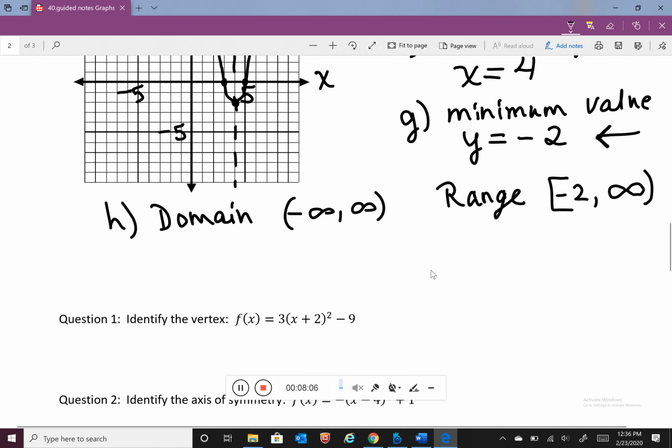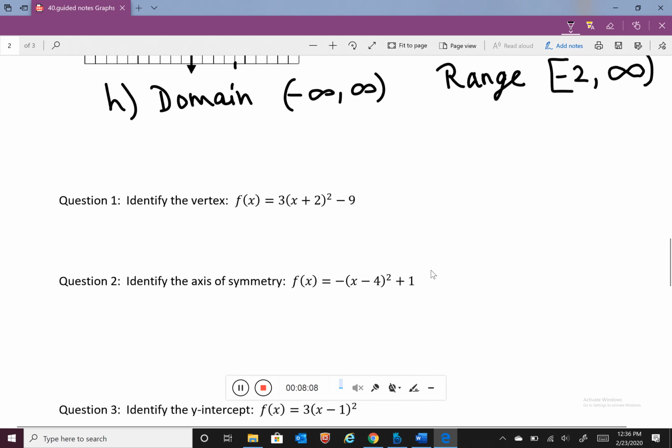You have 3 questions. First question, you're going to identify the vertex for f of x equals 3 times the quantity x plus 2 squared minus 9.